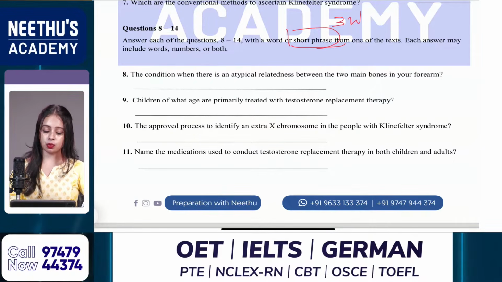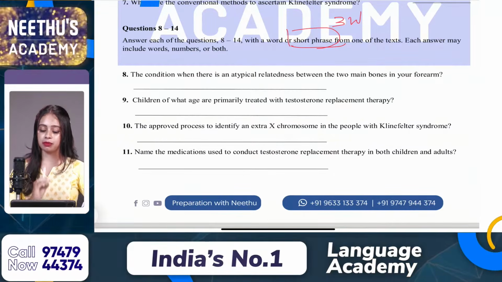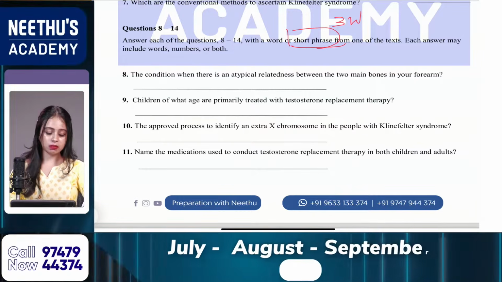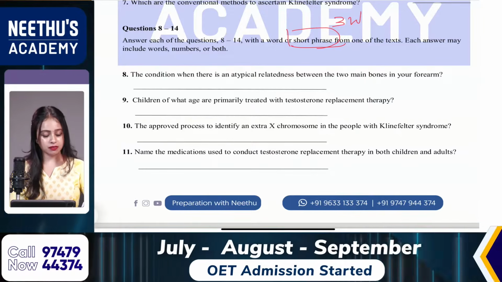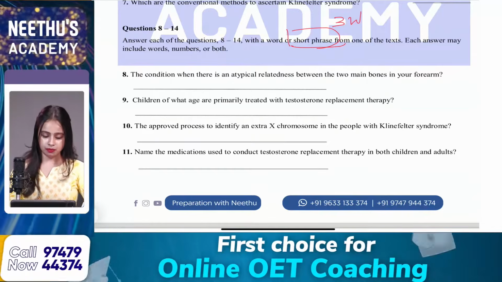8th one: the condition when there is an atypical relatedness between the 2 main bones in your forearm. What are the keywords from the 8th question?